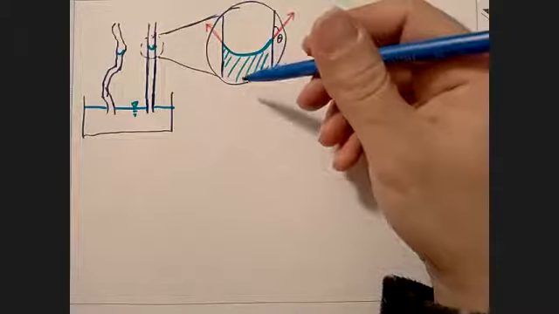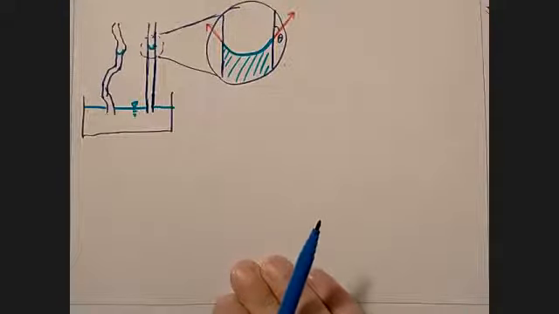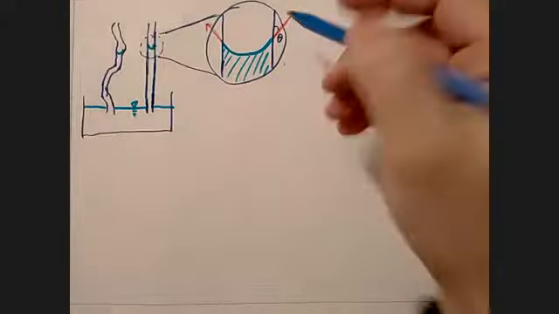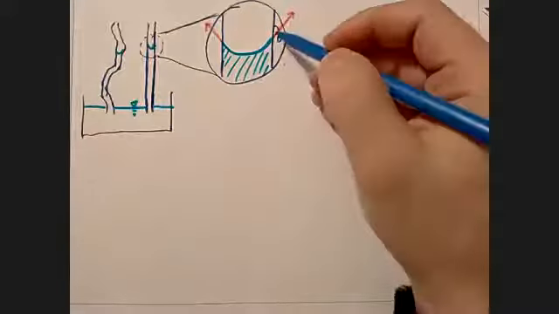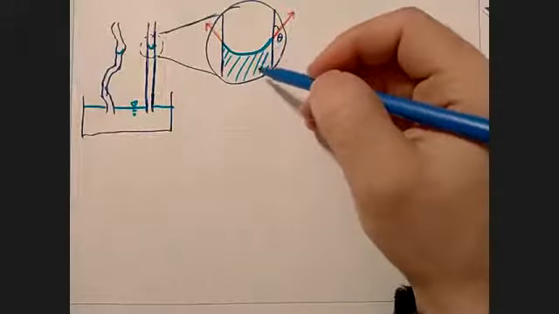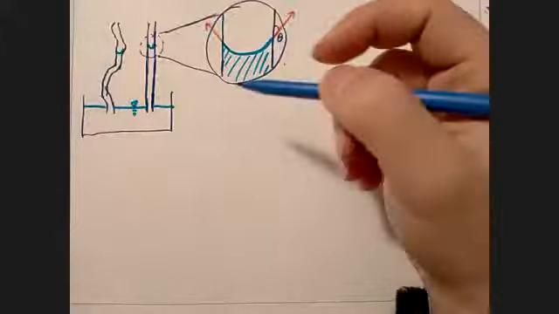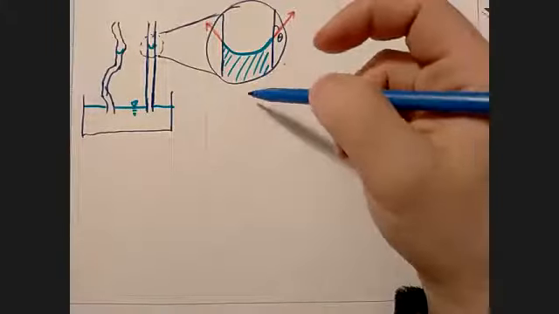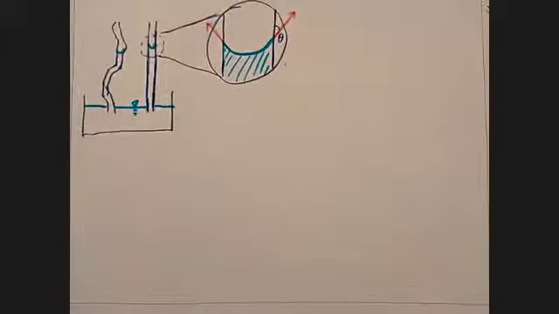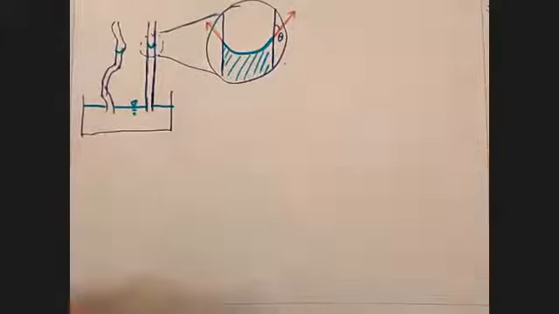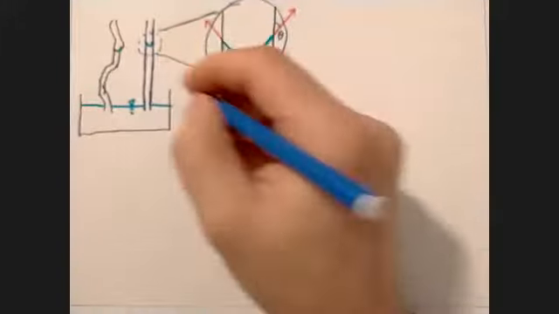So that means as your tube gets smaller, the weight diminishes much quicker than the perimeter. So the weight diminishes much quicker than the surface tension resultant. That means in order to balance weight and surface tension, you need a much higher capillary rise.